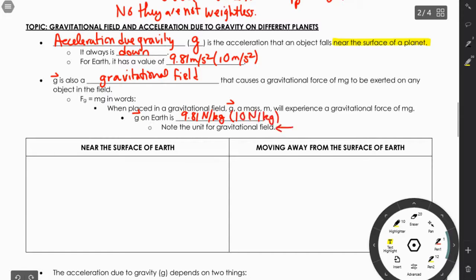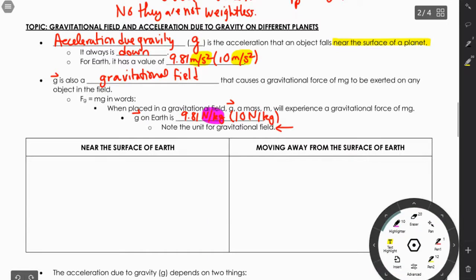And look at this. There's one way to tell the difference between the acceleration and the gravitational field strength, which is to look at the unit. If it's the acceleration, it has the unit of acceleration, meters per second squared, right? Up here, meters per second squared. If it's the gravitational field strength, it would have the units.